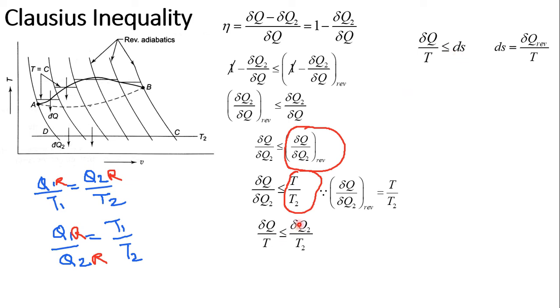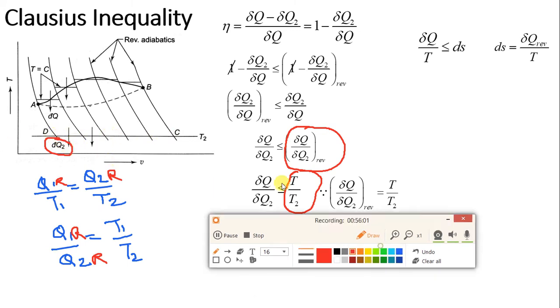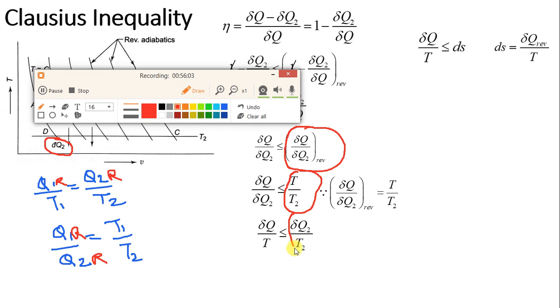Because in this part, Q2 by T2, this Q2 is the reversible one. See this diagram. This Q2, this heat, is rejected isothermally, and the DC part is reversible only. So this delta Q2 by T2 is reversible only, so you can replace this by ds. That is why I have replaced it.